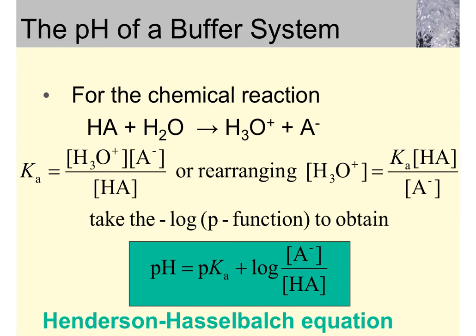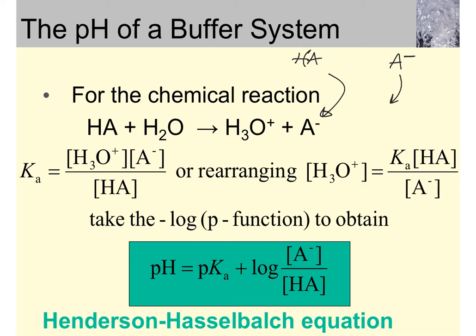All right, so how the heck do we figure out the pH of a buffer system? If you think about it, it seems pretty complicated because you have a weak acid, right? And we know how to calculate the pH of a weak acid using an ice table, but in that buffer system, we also have a weak base.